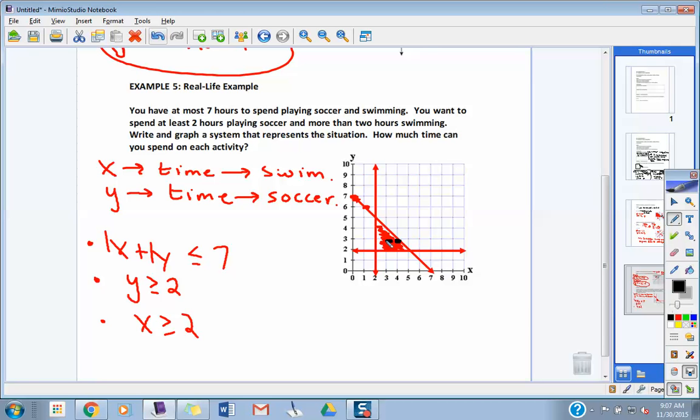Looks like to me that's the point, right 3 and up 3. Can I spend 3 hours swimming and 3 hours playing soccer? Would this work right up here? No. It wouldn't. So in something like that where you have 3 inequalities, typically you're looking at the shape in the middle. It's formed by all the lines that intersect. Okay?